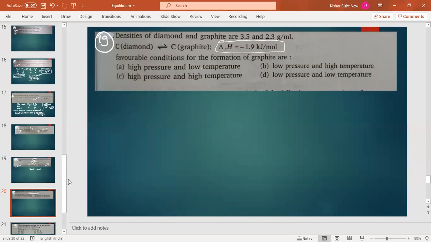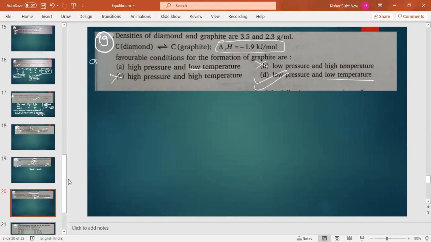Low temperature here and low temperature here, so this one and this one will not be the answer. Now, the diamond is converted into graphite, from high density to low density. So we require low density, which means we require low pressure. So your answer is D.